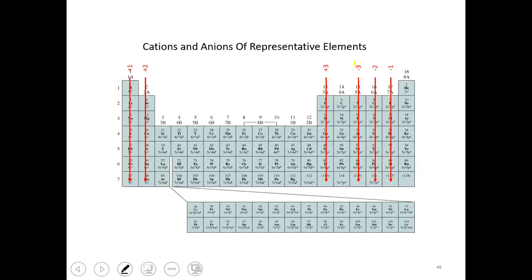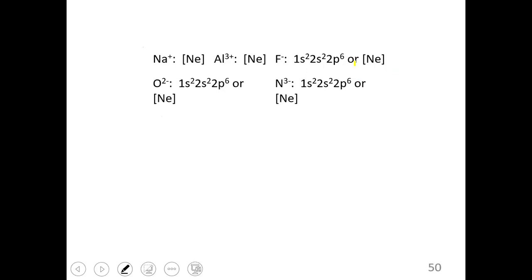Now, as we were looking at those configurations, I think you picked up something. For example, the sodium ion is essentially the electron configuration of neon. So is the aluminum ion, and so is the fluoride ion, and so is the oxide ion, and so is the nitride ion. Notice that all of these species, even though they have different nuclei and different charges, have the same actual electron configuration.